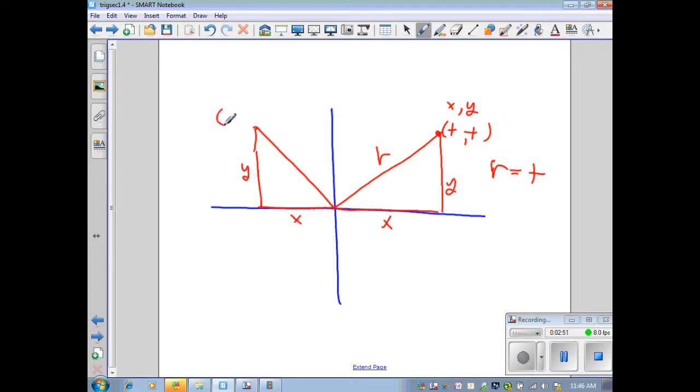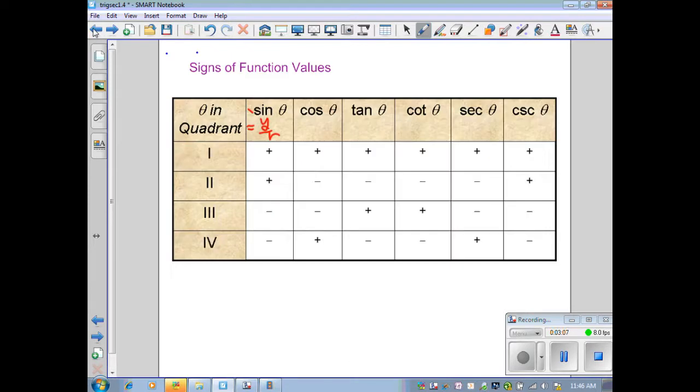Here, I will have a point that will have a negative x value and a positive y value. If I refer back to the diagram, I can see that my sine is still y over r, but in quadrant 2, I'm given a positive y over still a positive r. So the value of sine in quadrant 2 is still positive.